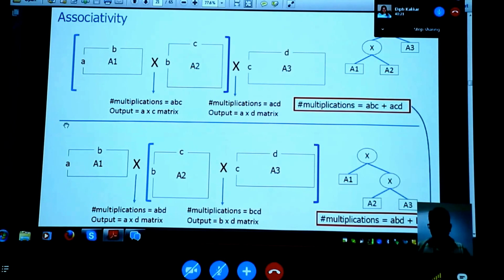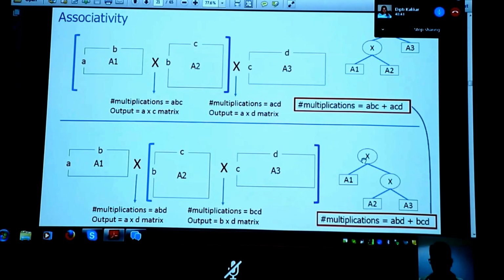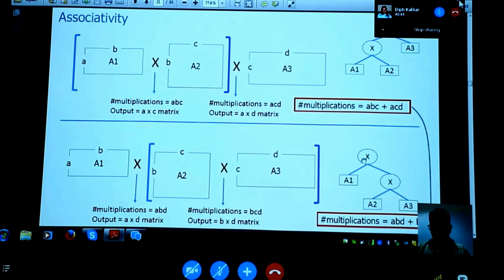There is another way of doing this, which is to first multiply A2, A3, get the output, and then multiply it by A1. So it will look like this: A2, A3, get the answer, multiply it with A1 and go up. This works because matrix multiplication is associative. Now, let's compare these two, whether they have the same number of multiplications or different, and so on. So let's check that out.